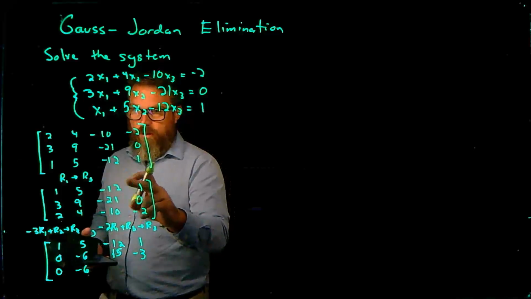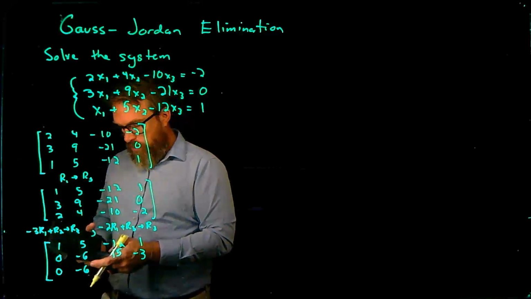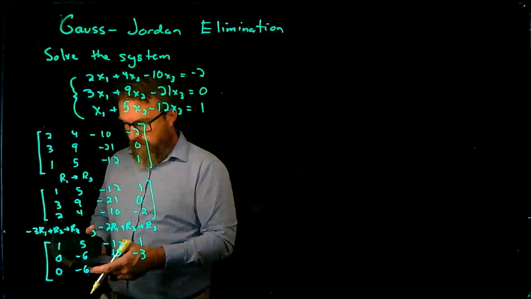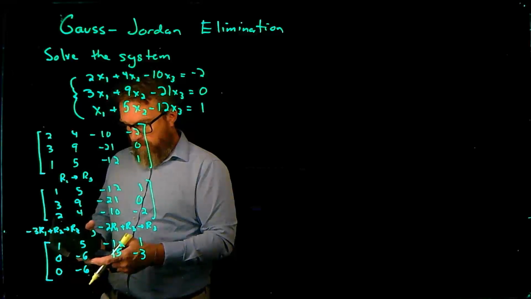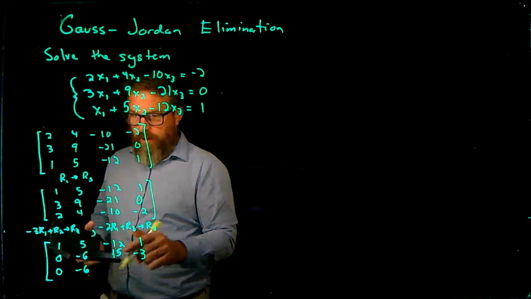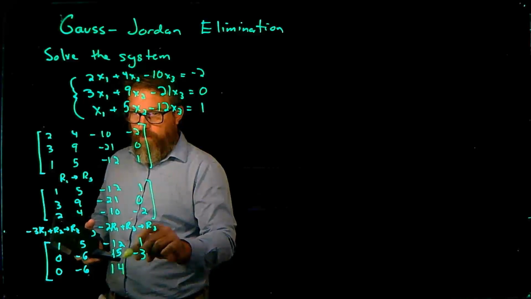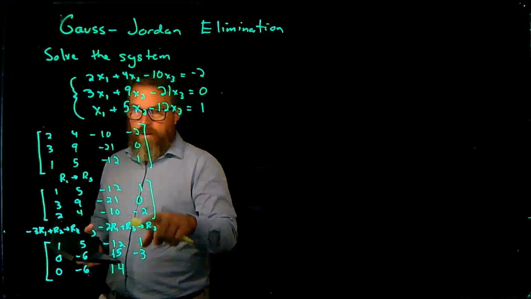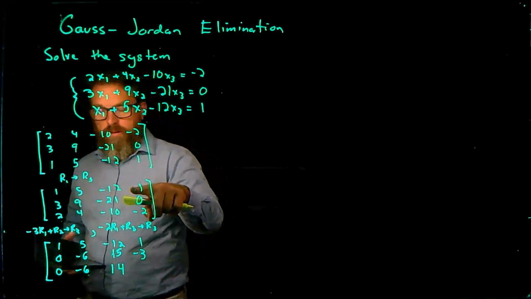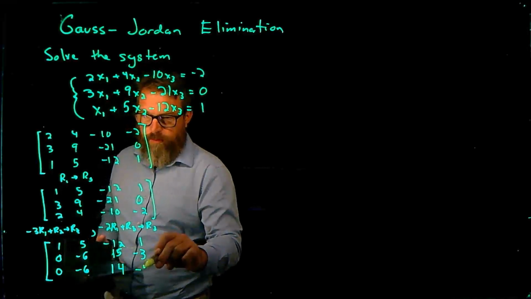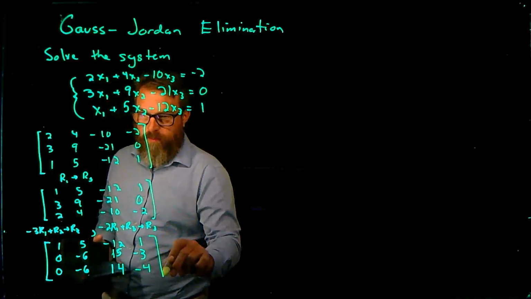Minus 2 times minus 12, minus 10 gives us 14. And then minus 2 times 1 is minus 2, minus 2 is minus 4. All right.